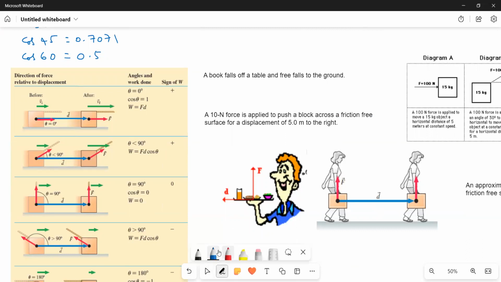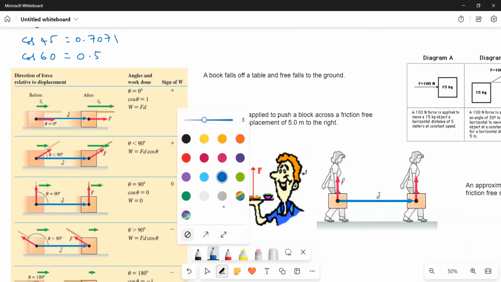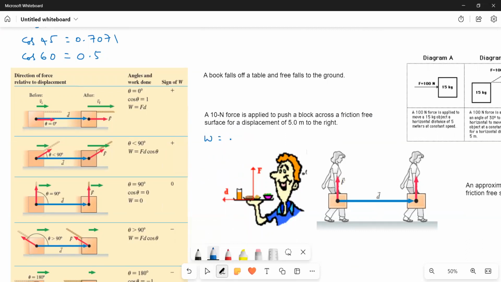W is equal to force times displacement, which is 10 newtons times 5 meters times cos 0 degrees, giving 50 joules of work.